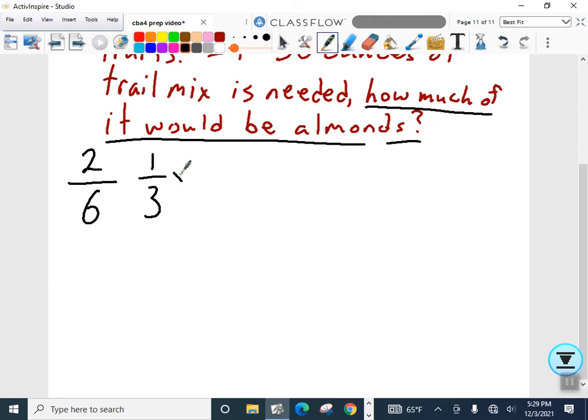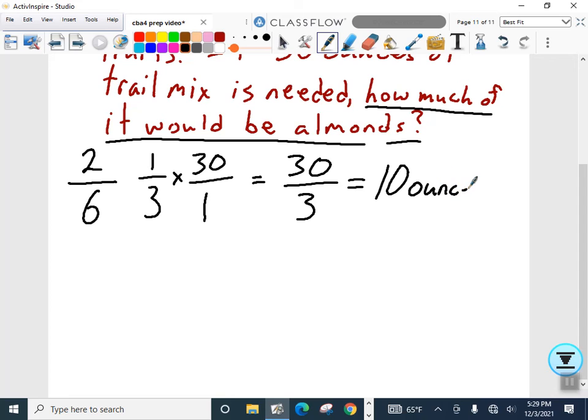And then we're going to multiply that fraction times the total amount we want to end up with. And so we end up with, we'll simplify that. We end up with 10 ounces.